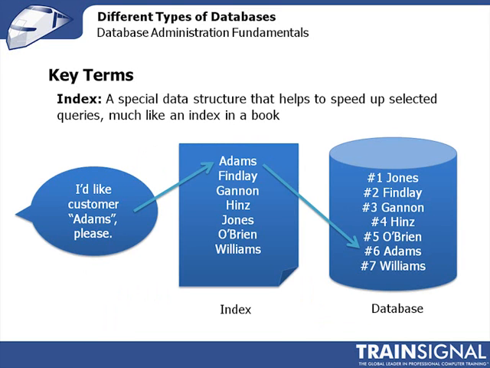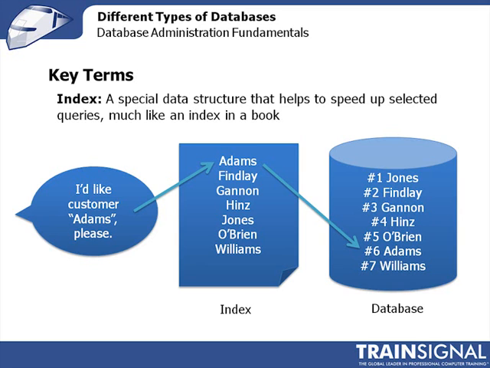Another key term is index. This is a special secondary data structure that helps speed up selected queries. It's kind of like an index in a book. For example, the query now is, "I'd like the customer named Adams." Well, if the data isn't stored in alphabetical order, and on the right side of the screen you can see that it's not, the data is actually stored in numeric order by the customer's ID numbers 1, 2, 3, 4, 5, 6, and 7, the index can sit in the middle of that lookup process.